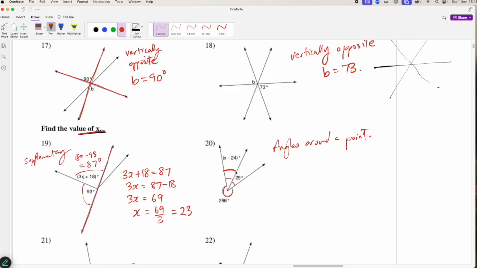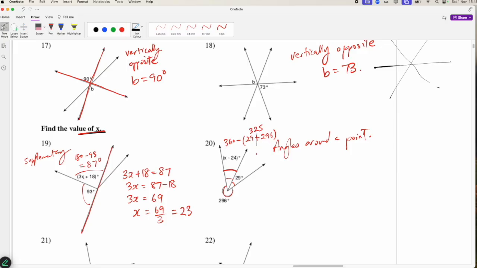If I want to find this, it'll be 360 minus the 29 plus the 296. 29 plus 296 is 325.